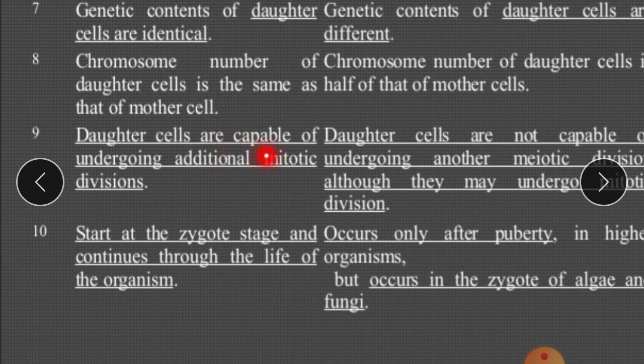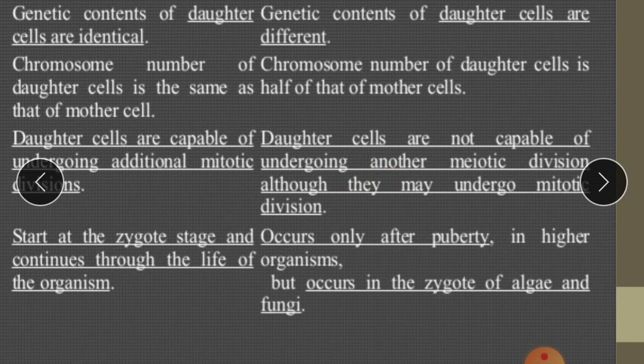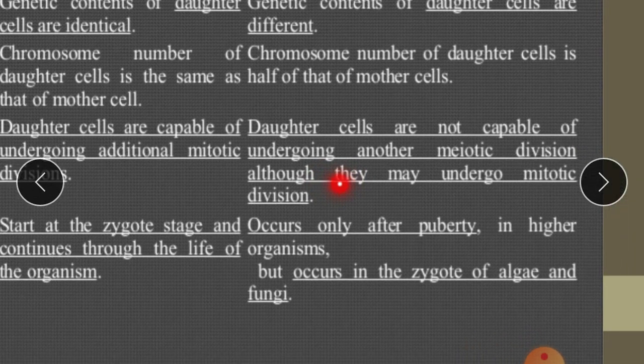Daughter cells are capable of undergoing additional mitotic divisions in mitosis, whereas in meiosis the daughter cells are not capable of undergoing another meiotic division, although they may undergo mitotic division. So they have already undergone the meiotic division. Yes, first mitotic division is completed.